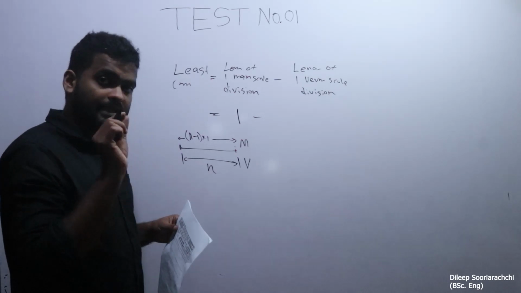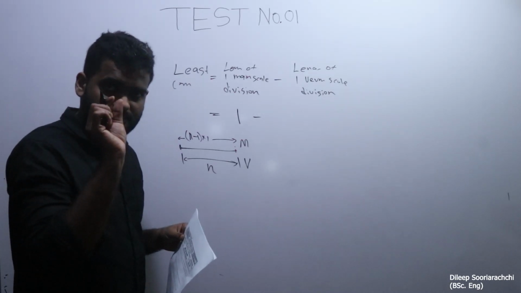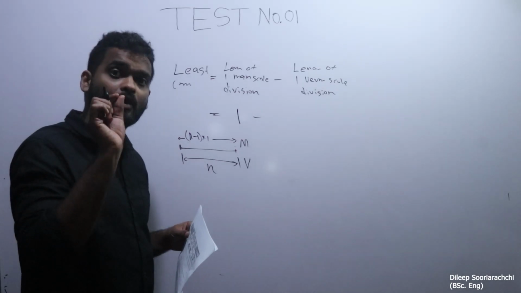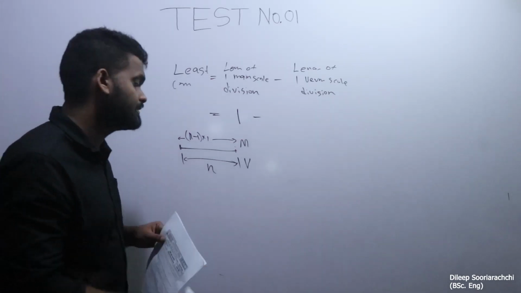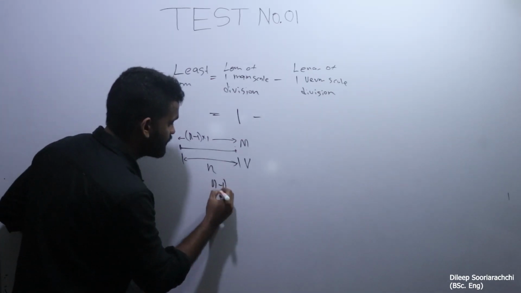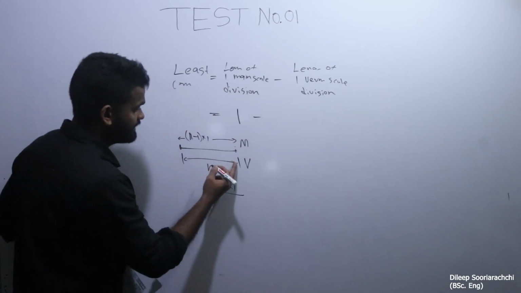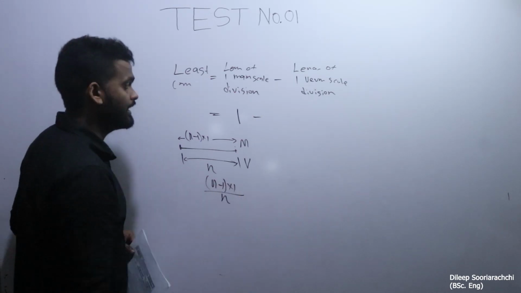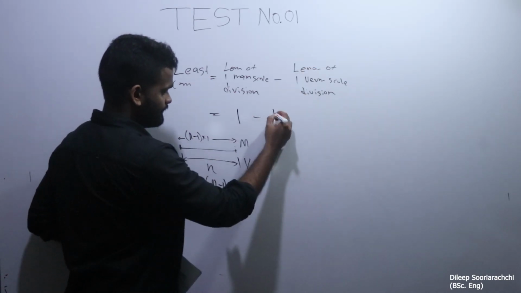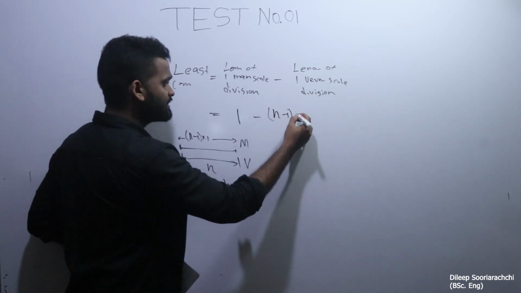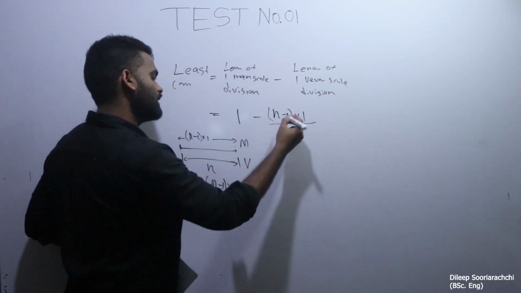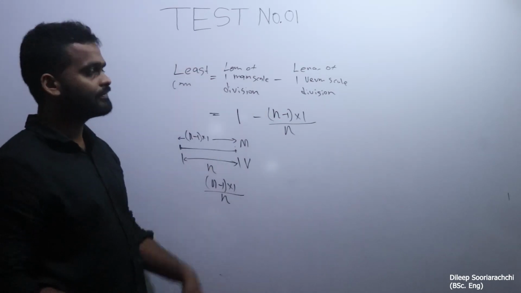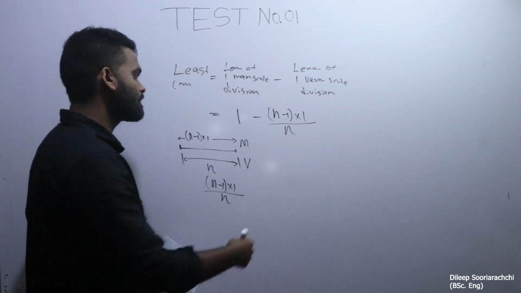So the length of one division of the Vernier scale should be n minus 1 times 1 divided into n parts, so n minus 1 times 1 divided by simply n. So this thing is going to be the least count here.